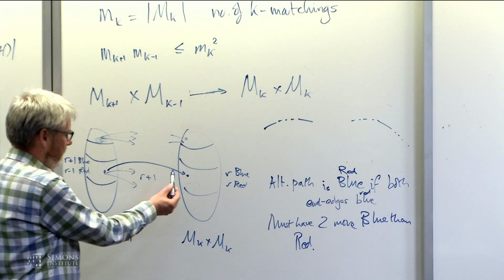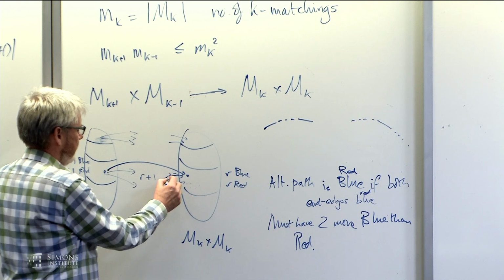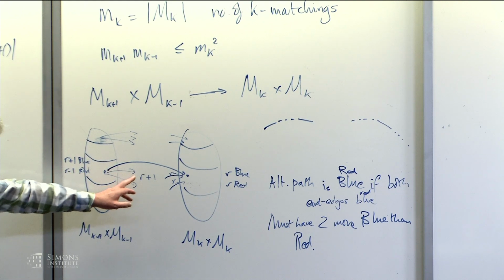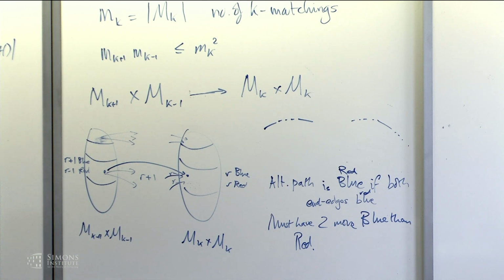But the in degree over here is only R because to go back I have to flip a blue path back to a red path. This gives me the desired inequality, and in fact it immediately gives me at least a k over k plus 1 factor, because I get the ratio of R plus 1 to R. A slightly open exercise is whether you can also get the other factor you need, which is m plus k minus 1 over m plus k, where m is the total number of edges in the graph.